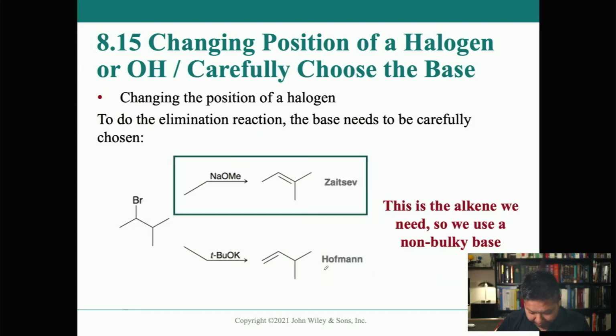So, how do we accomplish that? Well, first thing to do is the elimination. So let's put in a strong base, and we want it to be a Zaitsev product. We want most of it to be the Zaitsev product, so that's why we're going to use a non-bulky base, or I like to call it a slender base, so that the base will extract the proton from the side that has the most substitution.